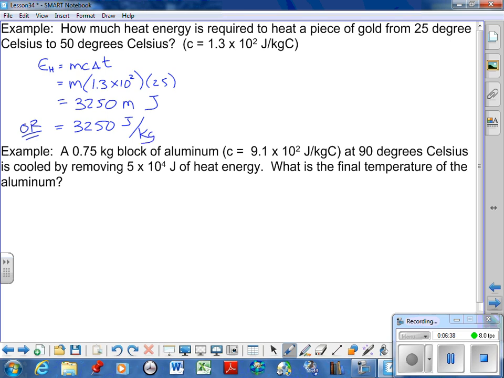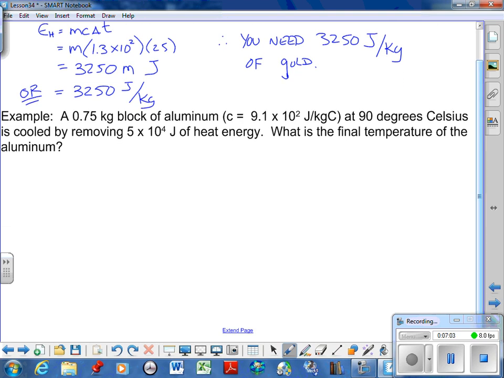So it depends on how many kilograms of gold. Regardless, for every kilogram, I'll need 3,250. Therefore, you need 3,250 joules for each kilogram of gold. So that's why mass in a lot of the questions isn't provided.